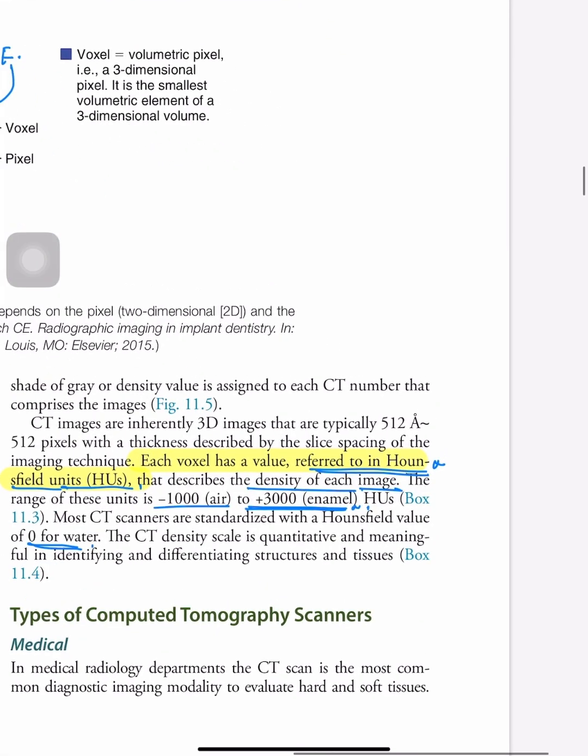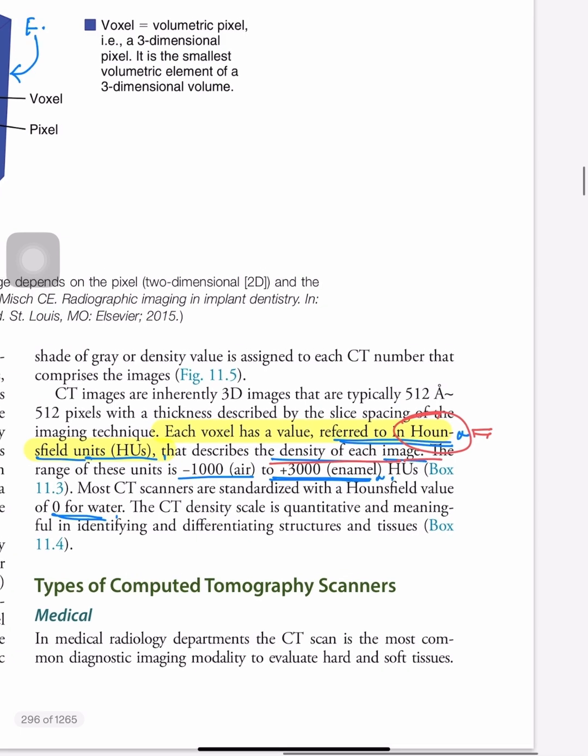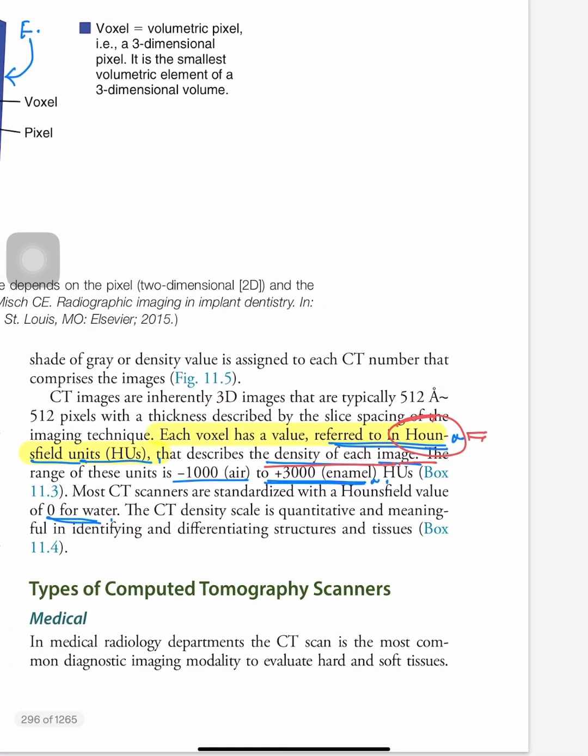Now, another thing that we come across in CBCT is the Hounsfield unit. Hounsfield unit basically describes the density of the image. These units range from minus 1000, that is of air, to 3000, which is of enamel. Hounsfield units are better visualized in the medical CT rather than in CBCT.